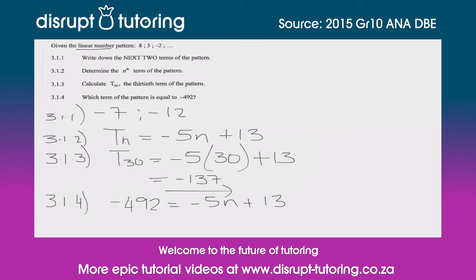We're first going to subtract 13 from both sides, and that's going to leave us with minus 505. So we have minus 505 equals minus 5n. We're then going to divide both sides by minus 5, which is going to give us n is equal to 101. So the 101st term is going to yield a result of minus 492.